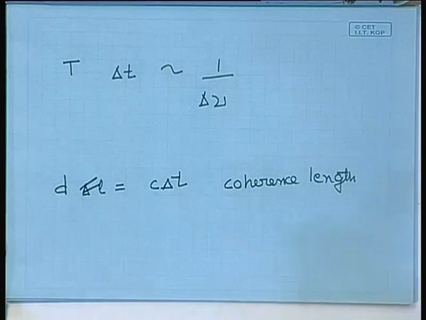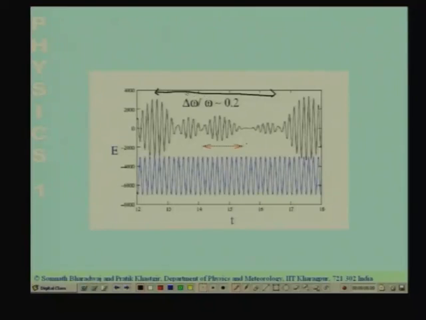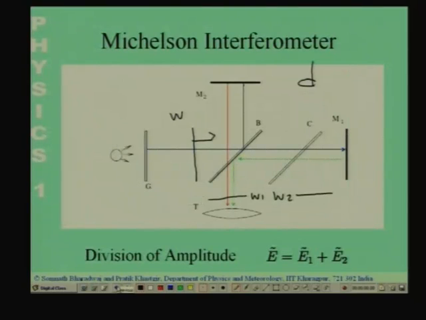Coming back to the Michelson interferometer, by moving the mirrors M1 and M2, I can change the time delay that I give to the two waves.